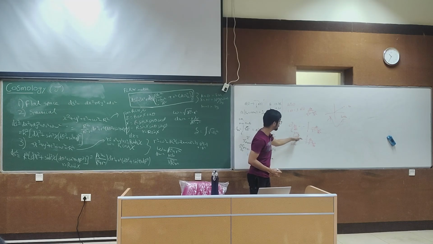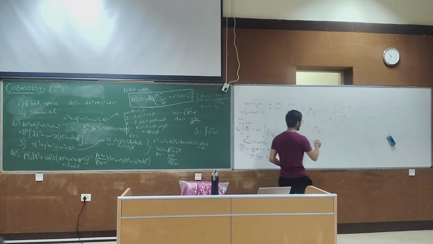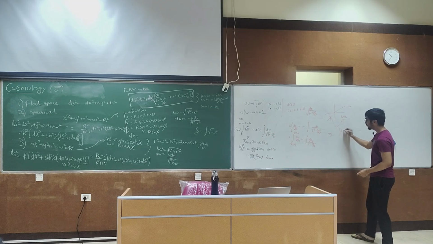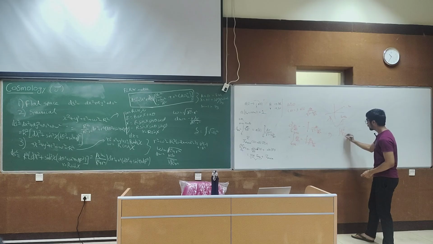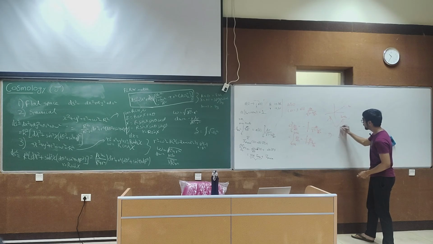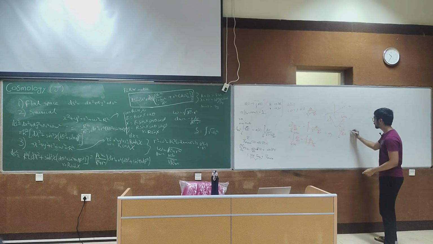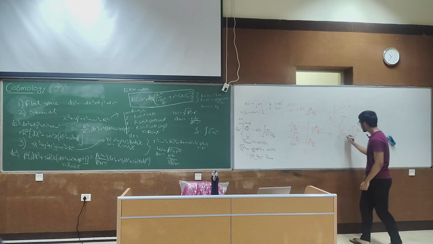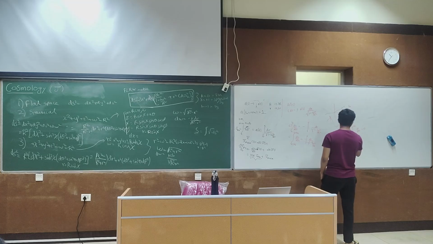Delta t1 is the shift in the arrival time, and if we compare these two equations, we can see immediately that if we subtract them, the integral of dt by a of t from t0 to t1, minus from t0 plus delta t0 to t1 plus delta t1, equals 0.